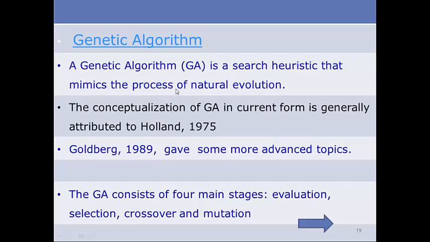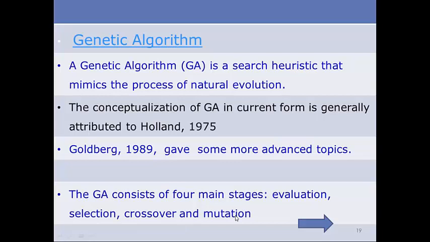This information is already available in books and on the internet. The conceptualization of the genetic algorithm in its current form is generally attributed to Holland, and Goldberg added some more advanced topics. The GA consists of 4 main stages, and this is important: evaluation, selection, crossover, and mutation.